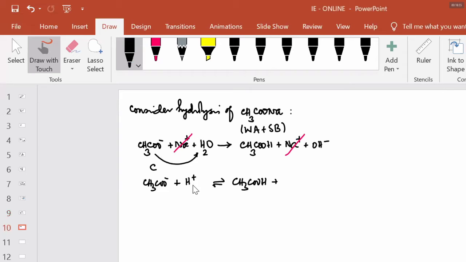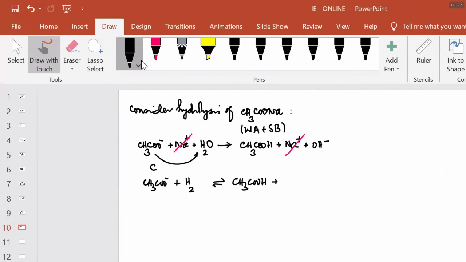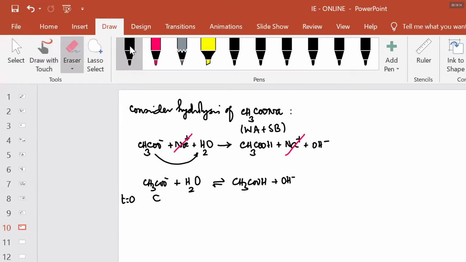This OH minus ion, coming from water. So I have to write water here so that you can understand properly, to give OH minus ion. At time t equal to 0, the concentration of salt is C. The concentration of salt is taken as C.